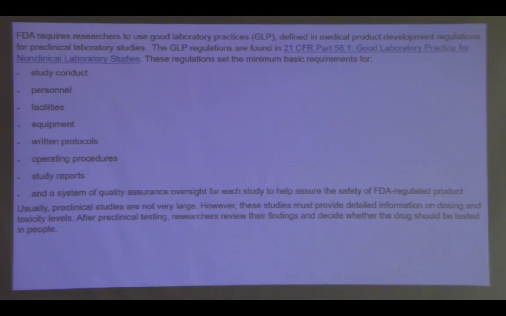The FDA closely regulates this business through reviewing study conduct, the personnel, the facilities, the equipment, protocols, procedures, study reports. It's a very in-depth and very regulated business and industry nowadays, and rightfully so from the historical perspective of some things that went a little bit sideways in the past.